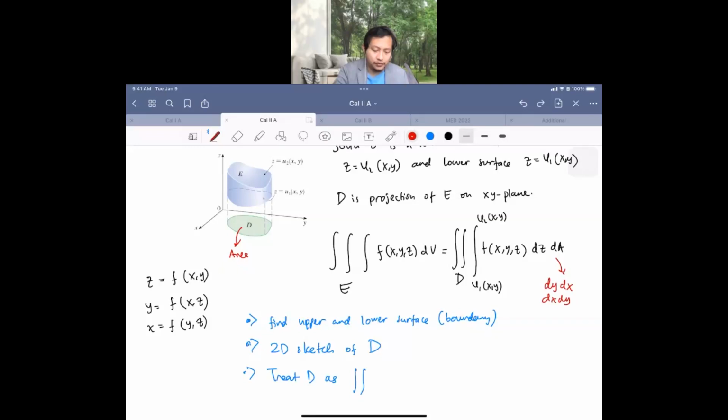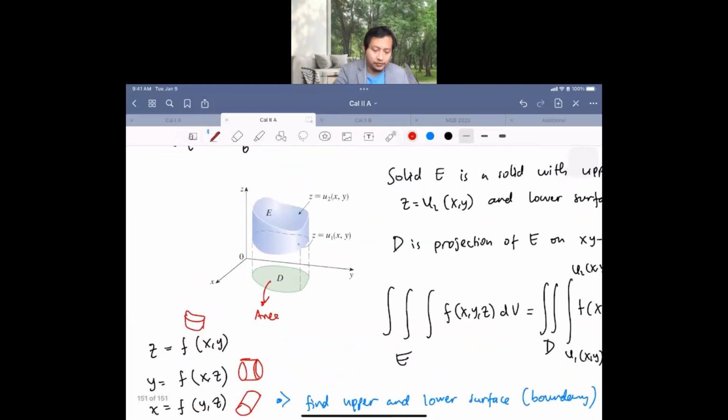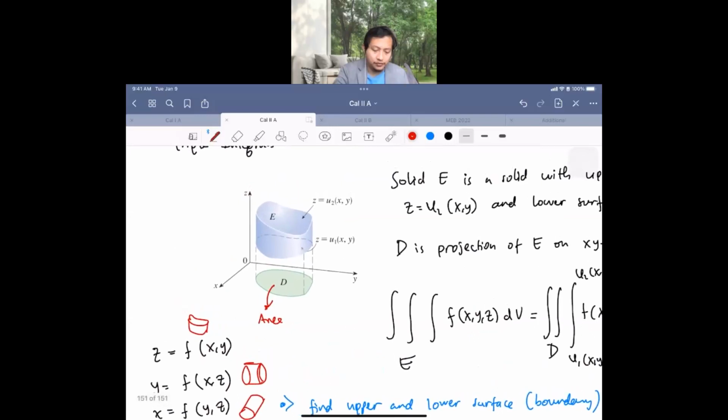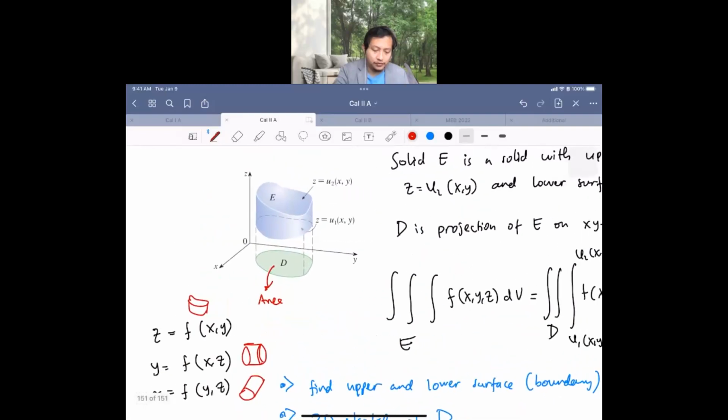My drawing is bad, sorry. If D is like this, and maybe the y becomes the main axis, and x will be like this, right? It means that you can rotate this picture going to the right, going to the left, going to the front, depending on which one is the main axis. This main axis is z, right?